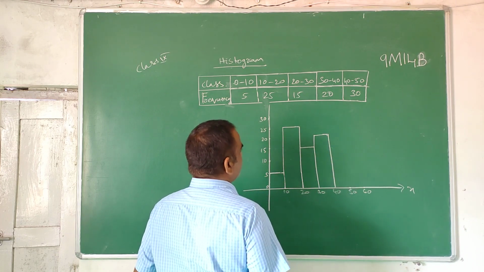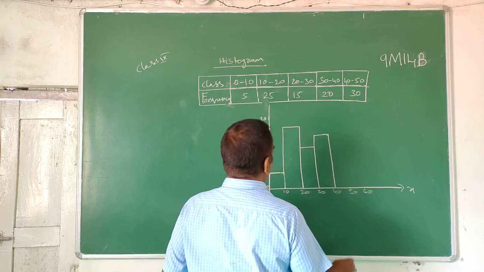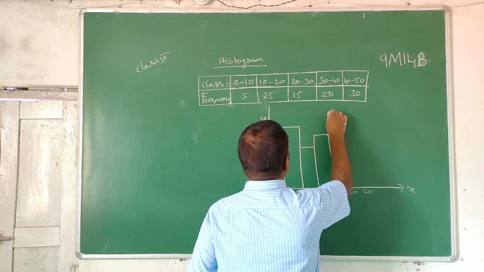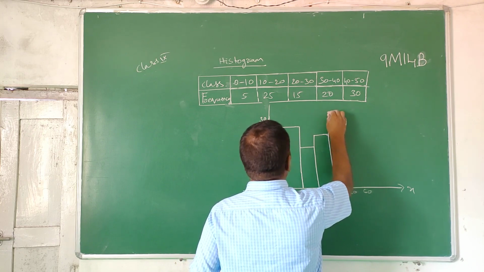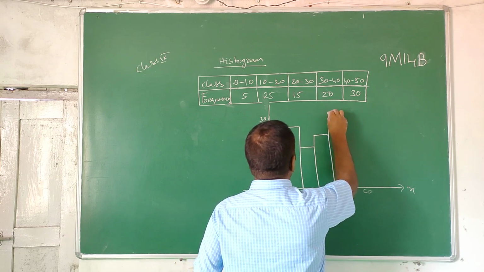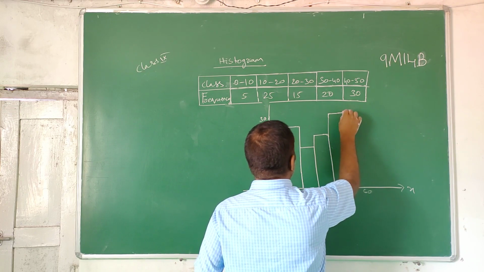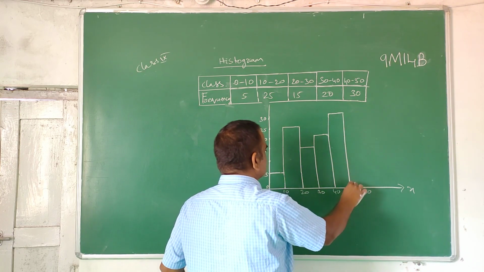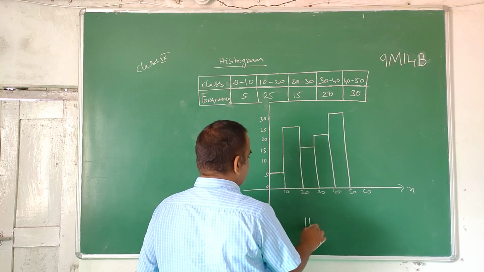And from 40 to 50, frequency 30. This is called histogram.